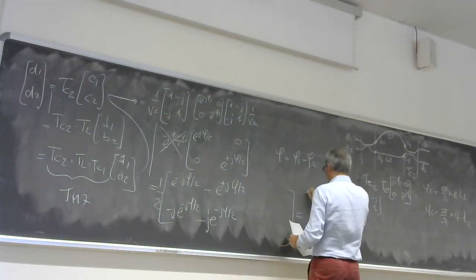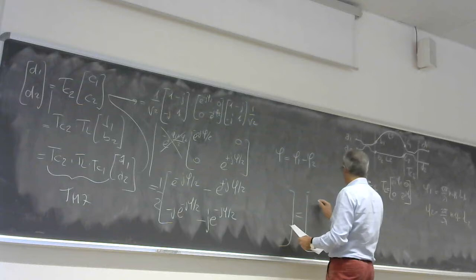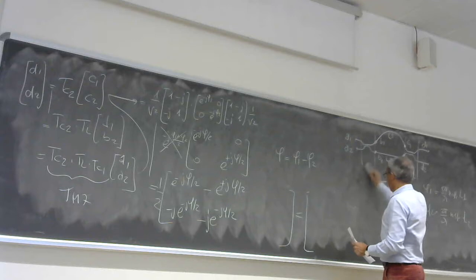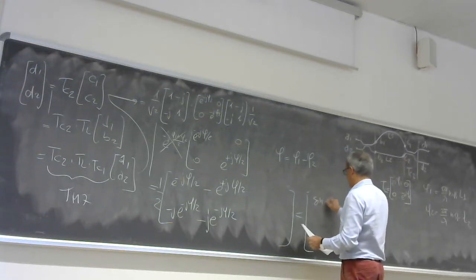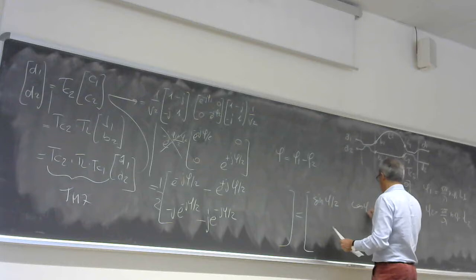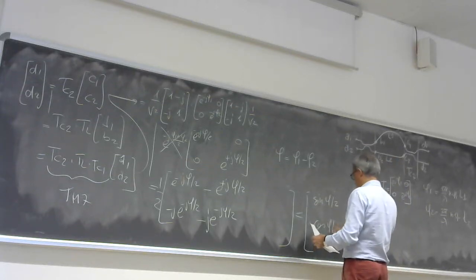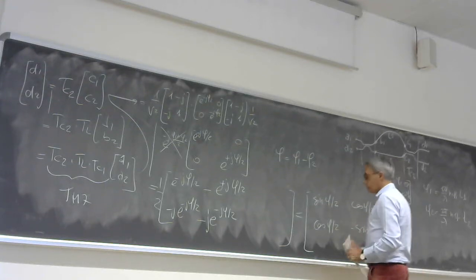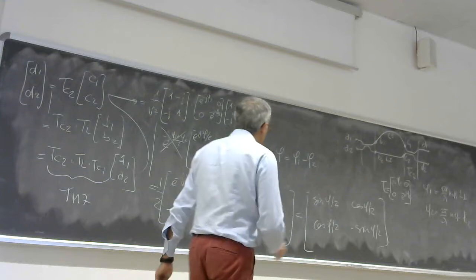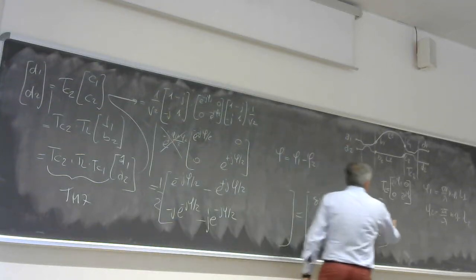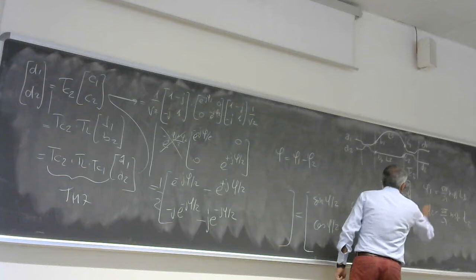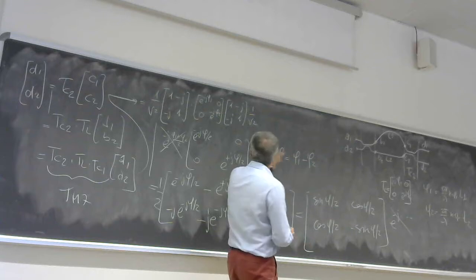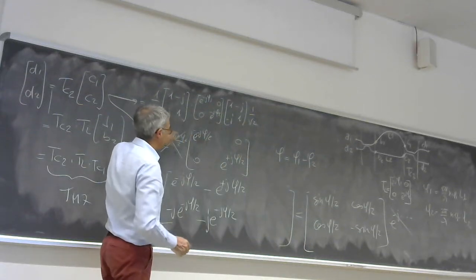So I have finally the transfer matrix of the Mach Zehnder, and then there is a phase term here that I'm not interested in, that comes from the operation that I did here.